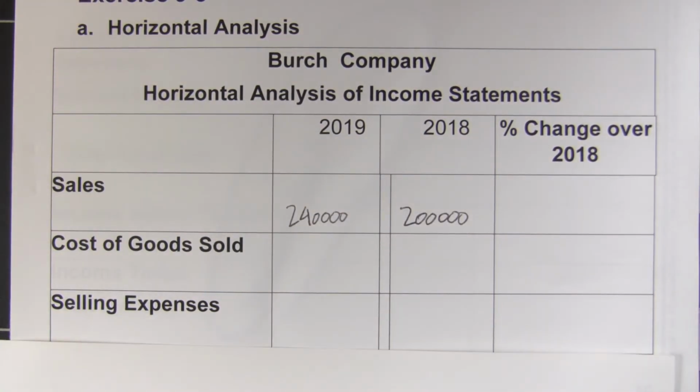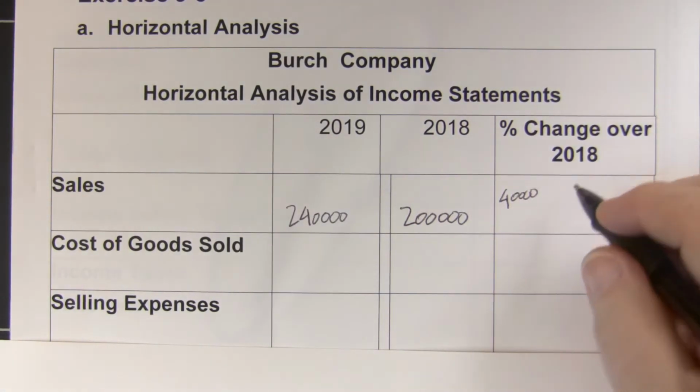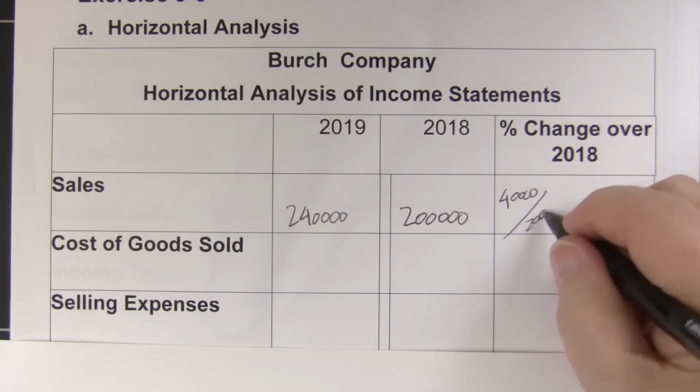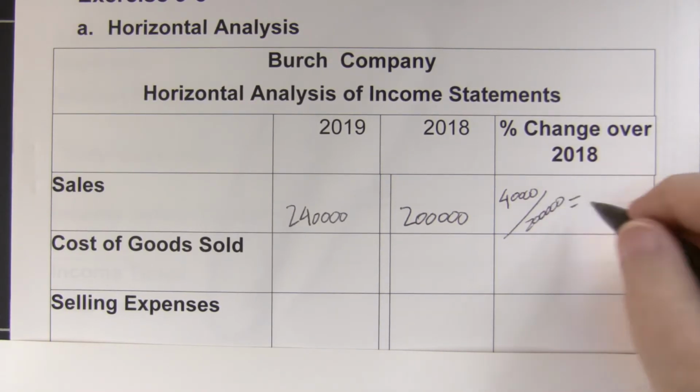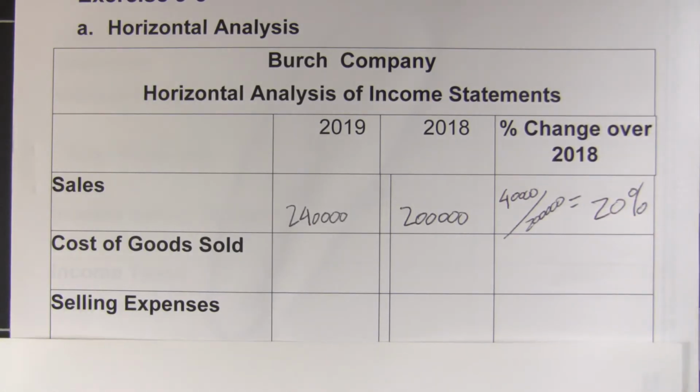The difference between them is 40,000. Divide that by 200,000 and you get 20%. So a horizontal analysis of sales for Birch Company says that sales are up 20% this year.